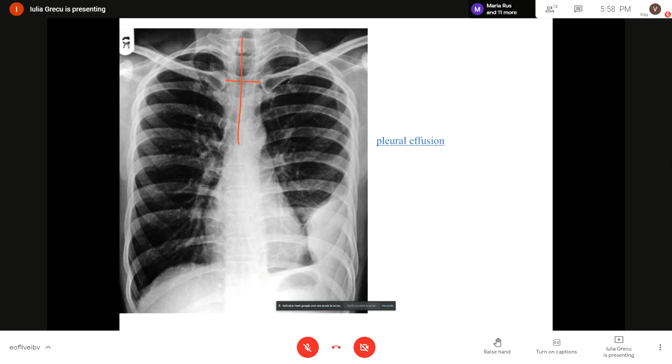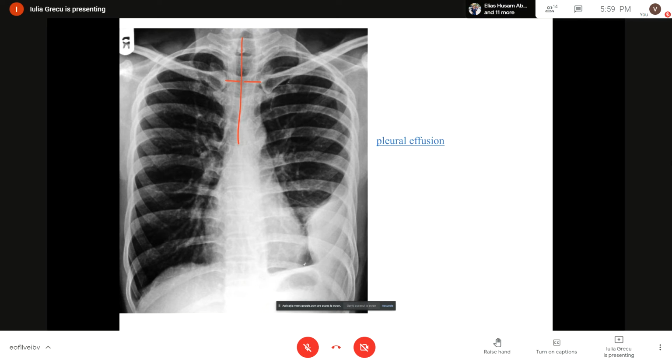So another feature to determine whether a pleural effusion is free or loculated is to observe if the effusion extends between both edges of the thoracic cavity. In the case of this opacity, it stops somewhere here, and it seems a bit suspended or stuck along the lateral thoracic wall. So it is a loculated pleural effusion along the lateral thoracic wall.